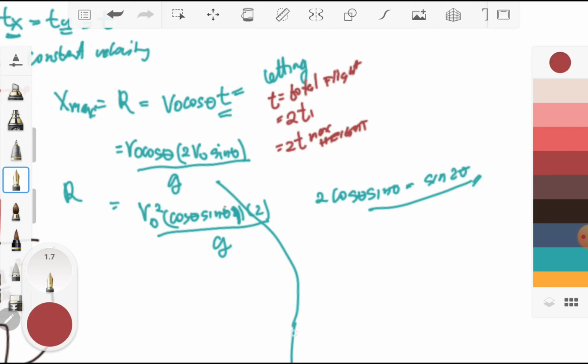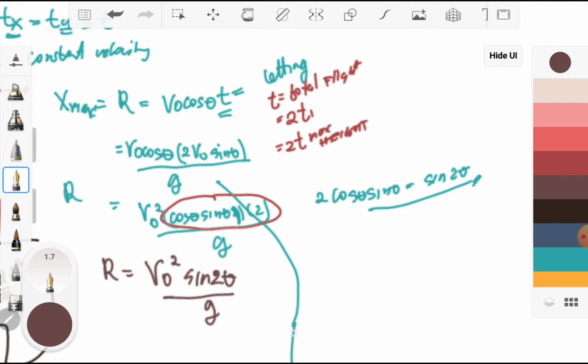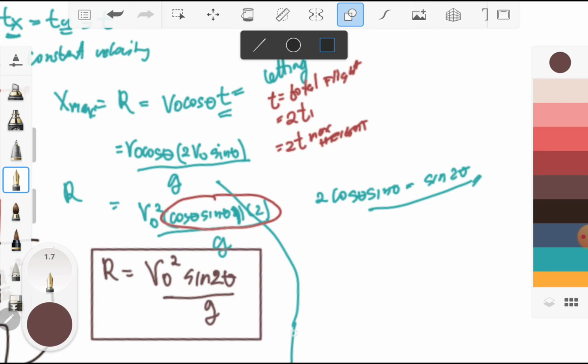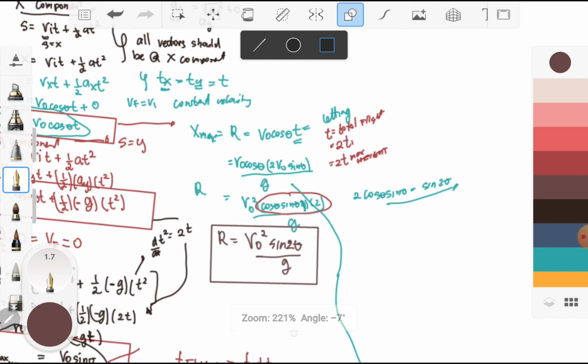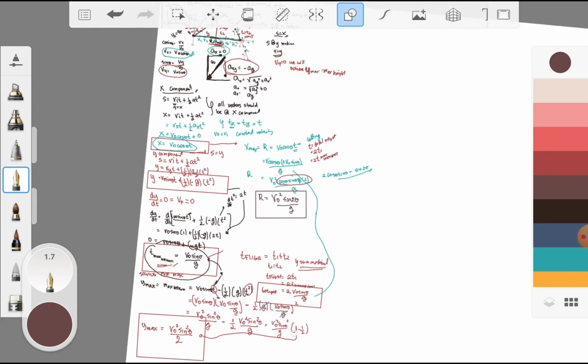So I may say that my R or my X max is equal to VO squared sine 2 theta all over my G. So yan yung formula natin for your maximum X or maximum horizontal component or your R or your range.